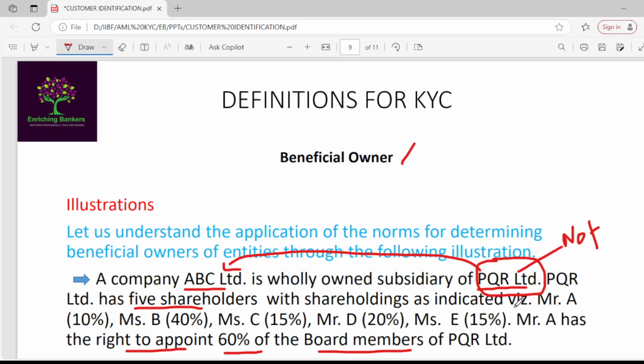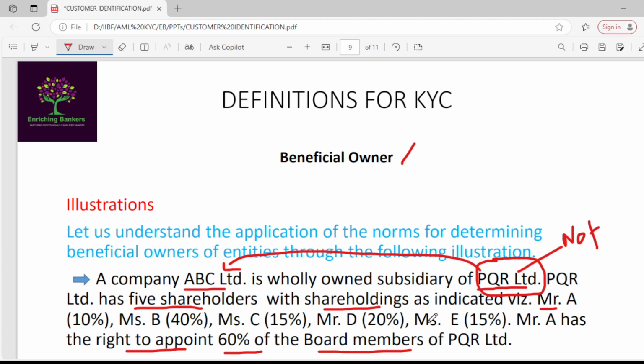Let us see the remaining shareholdings. Mr. A, Mrs. B, Mrs. C, Mr. D, and Mrs. E. All these five people are natural persons. So these five fulfill that norm.